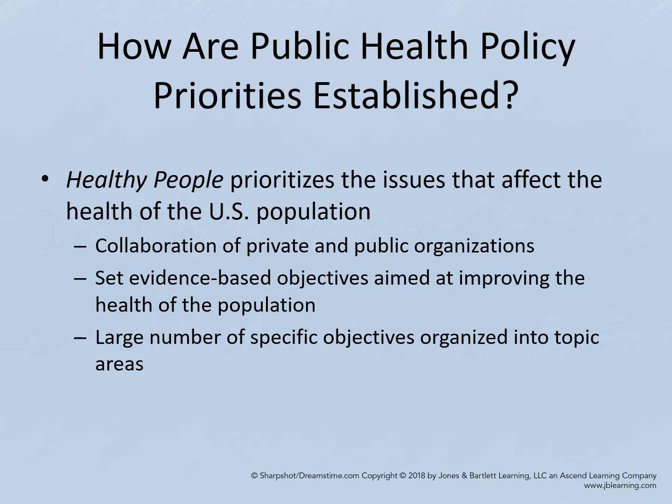Right now we have Healthy People 2030 available. There are a large number of specific objectives which are organized into topic areas in Healthy People 2020, or now Healthy People 2030.